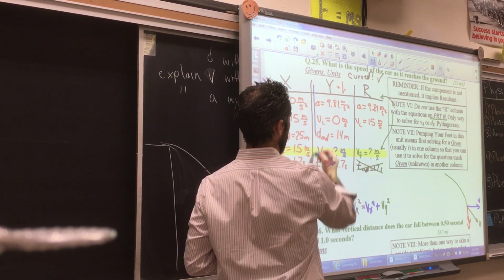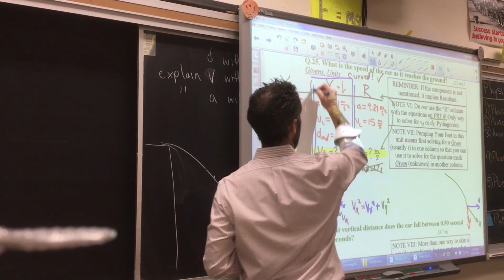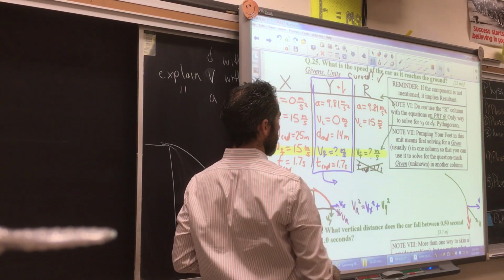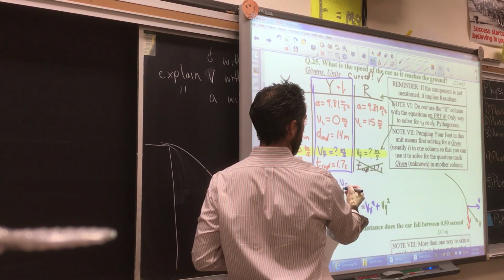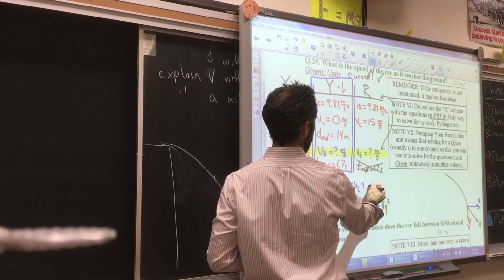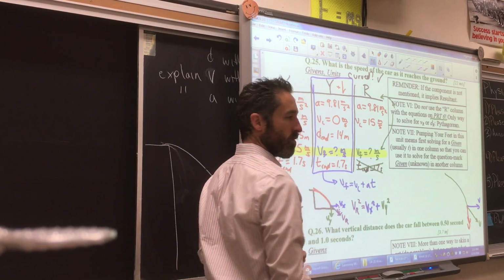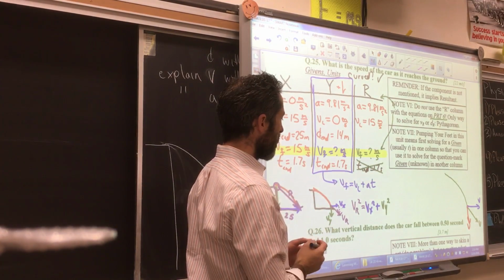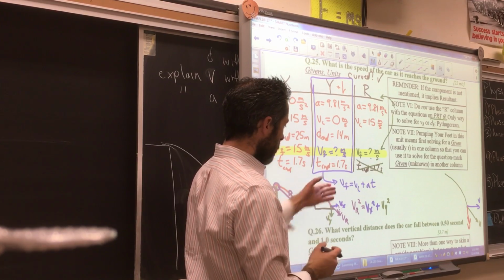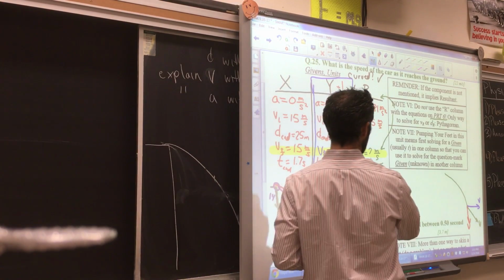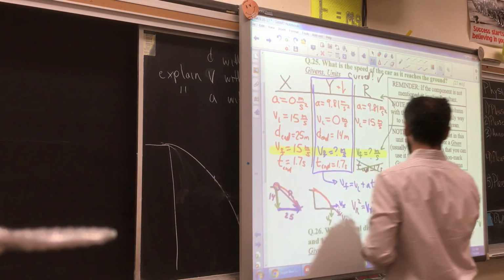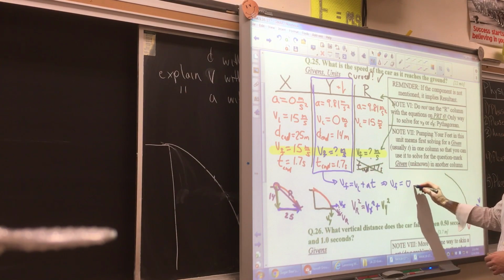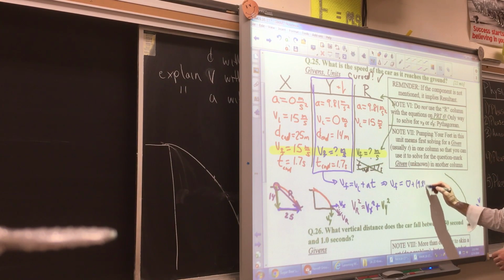First, we're going to use the y column to find Vf in the y. Easiest way to do it, Vf equals Vi plus At. There are other ways. You could use Vf squared equals Vi squared plus 2Ad, but this is quicker and easier. So if you substitute, Vf equals, Vi is 0, plus 9.81 times 1.7.